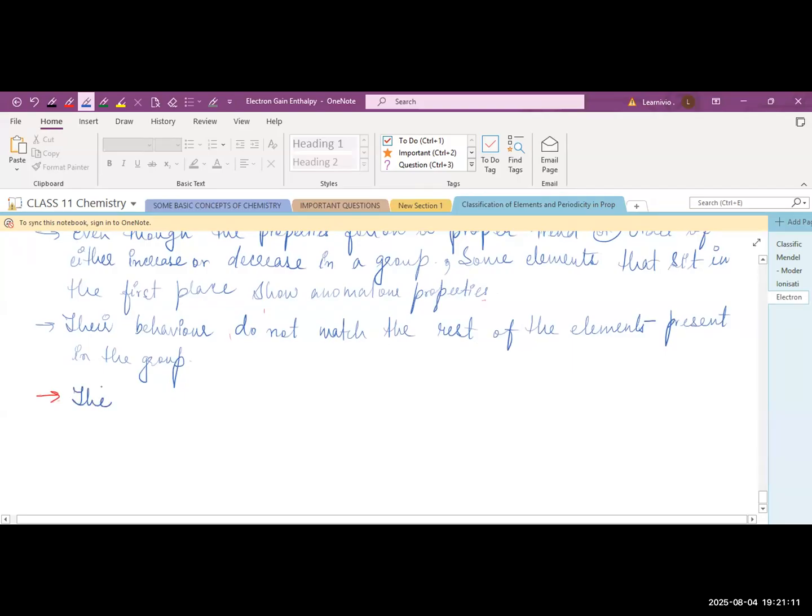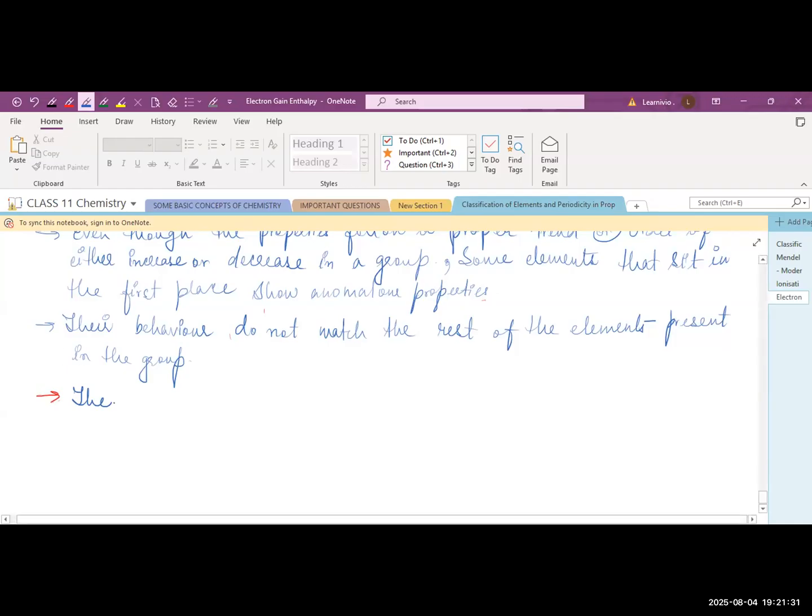This is not for the lithium only, right? So this is the first element of group 1 and 2, right? And from group number 13 to 17, right? So they differ in many aspects from their members, the different members of the groups.